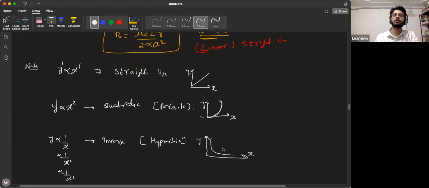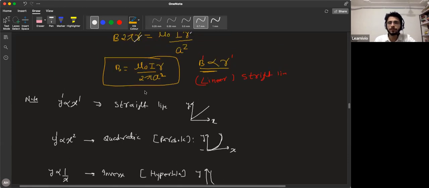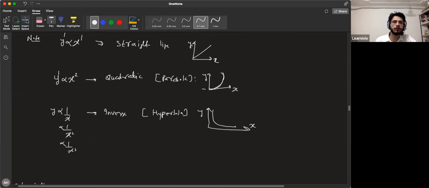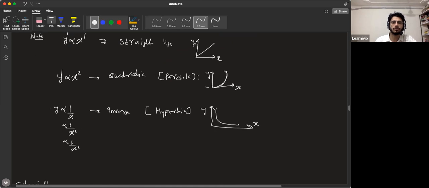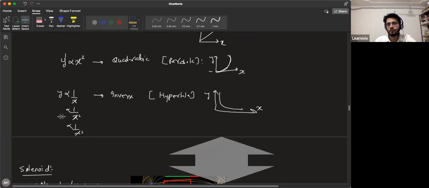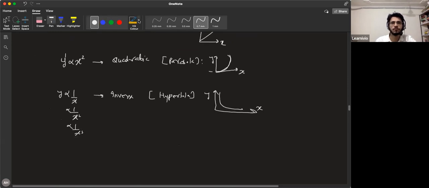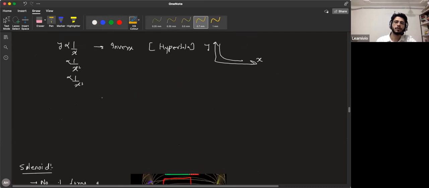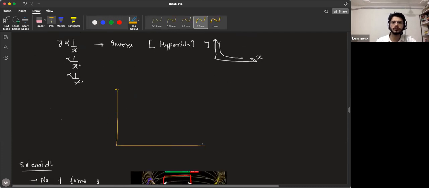You increase x, your y will decrease. Now let's plot the B versus x graph for this equation.